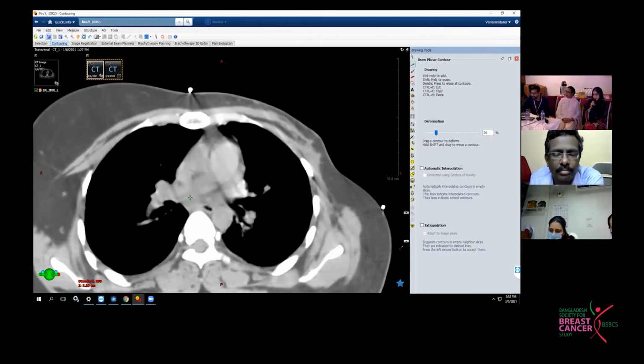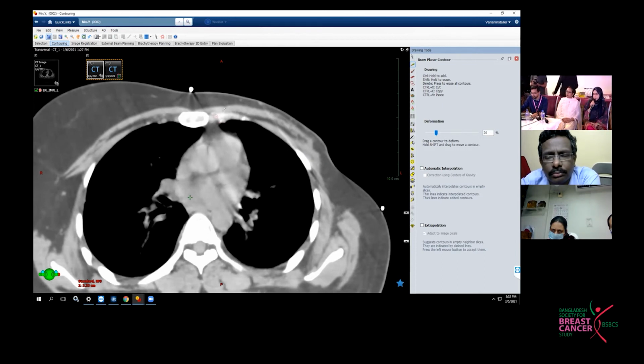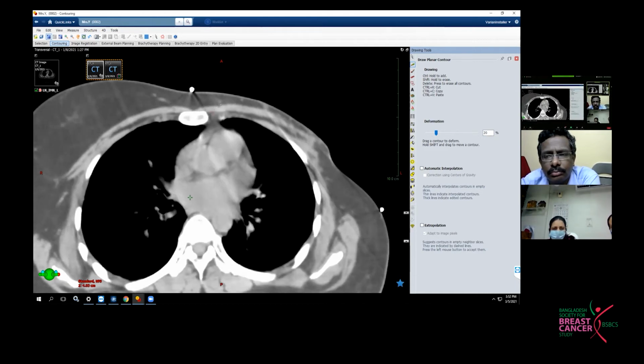Should I irradiate the axillary lymph nodes? If the answer is yes, up to which level? And when I irradiate the breast, what should be my posterior margin? As we know, there are two different consensus guidelines, ESTRO and RTOG. What should be my posterior margin of the breast CTV?